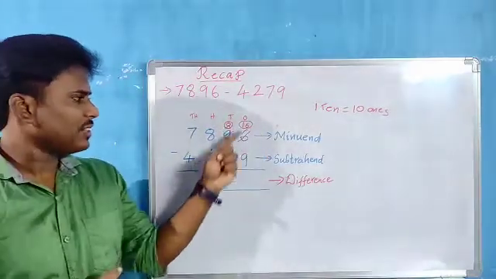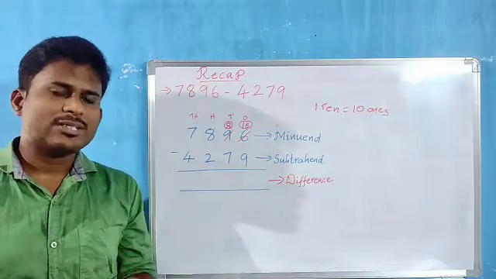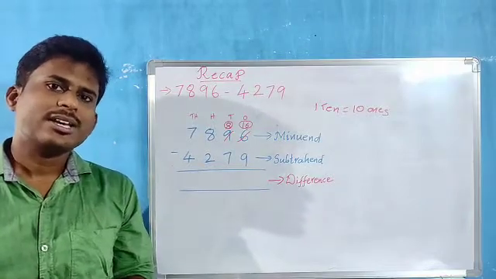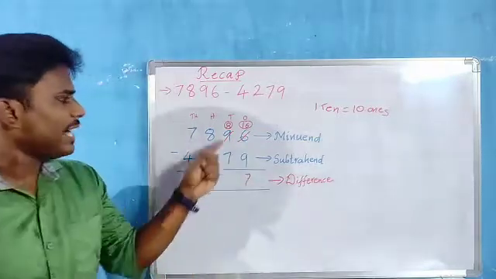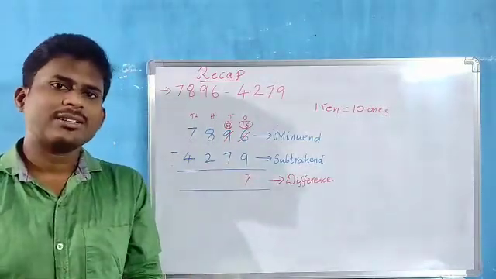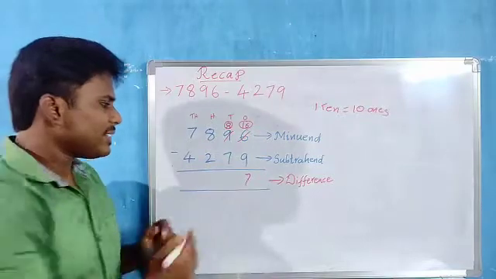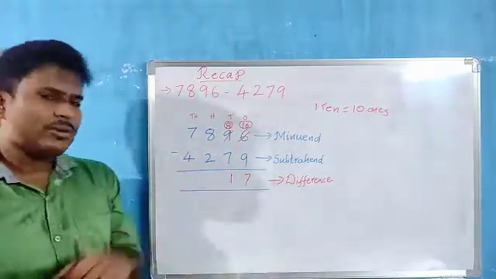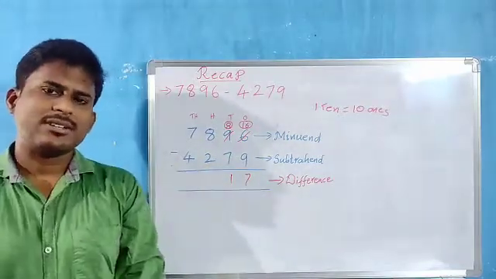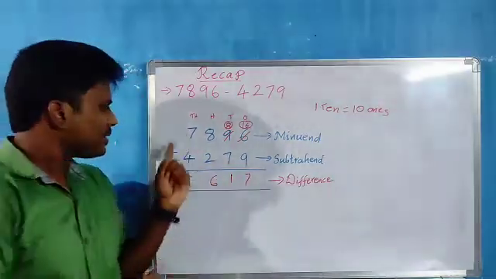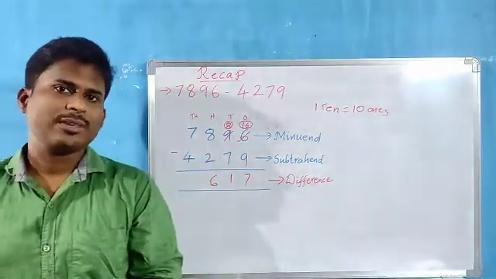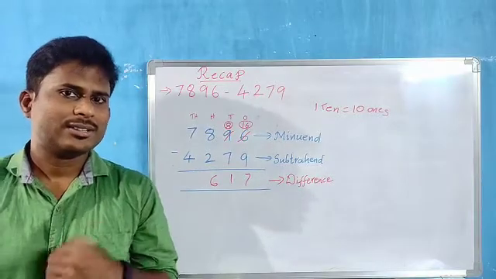Now you have to subtract 16 minus 9, children. What is the answer, children? It is 7. Very good, children. Now 8 minus 7, can we subtract, children? Yes. 8 minus 7 is 1. Now 8 minus 2, what is the answer, children? 6. Very good. 7 minus 4, it is 3.